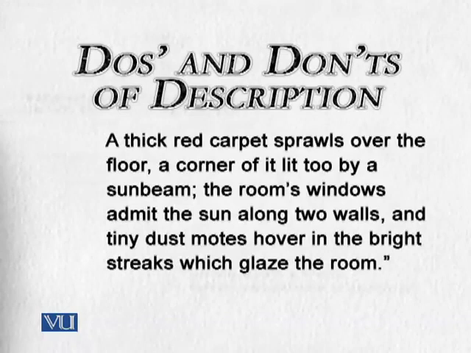The room's windows admit the sun along two walls, and tiny dust motes hover in the bright streaks which glaze the room. Now, from this description, readers can, in the real sense, understand what the writer meant by nice, what the writer meant by warm, and what the writer meant by a happy place to be.